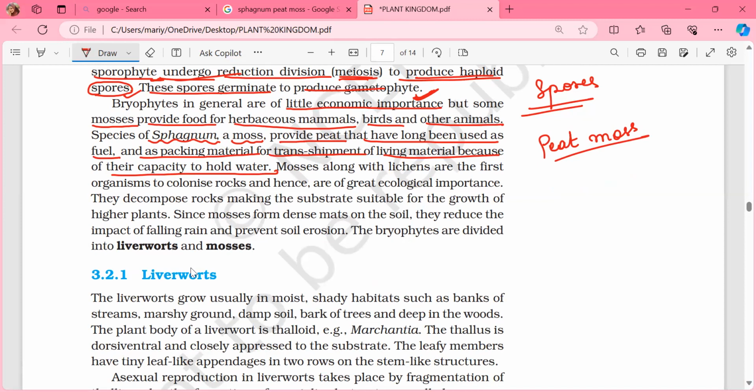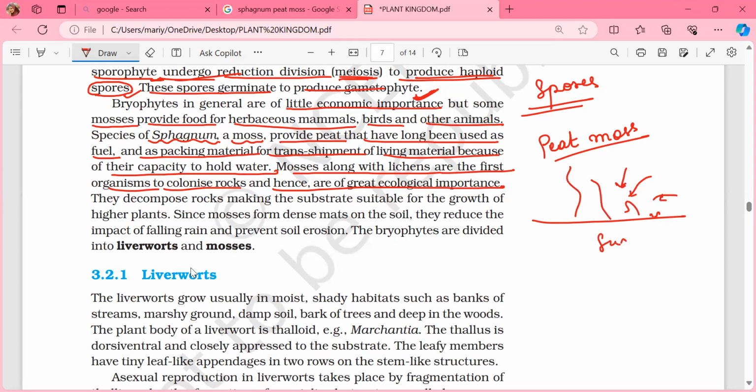Now, mosses, along with the lichens, are the first organisms to colonize rocks and hence are of great ecological importance. See, suppose there is a land. Now, you might have heard about succession, that slowly a little plant arises, then a bigger plant arises, then even bigger, and then all the animals start living in that area.